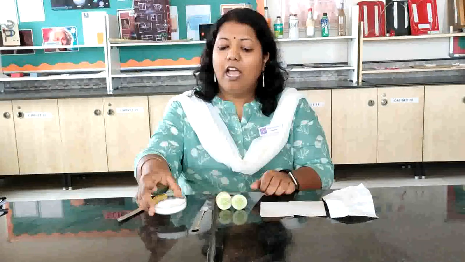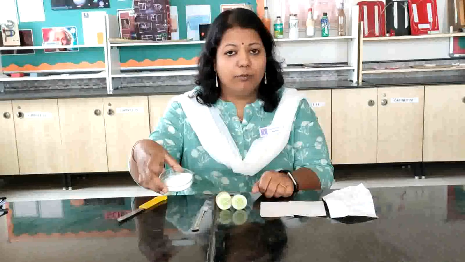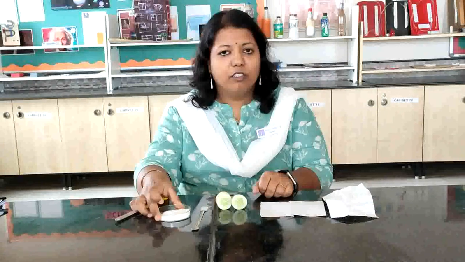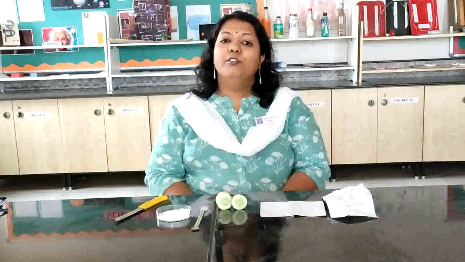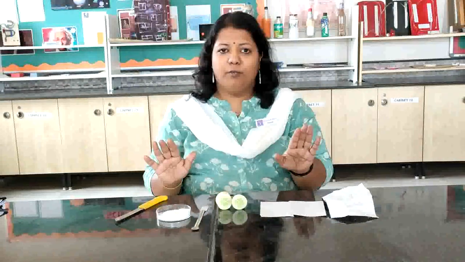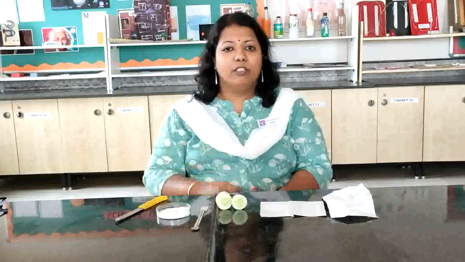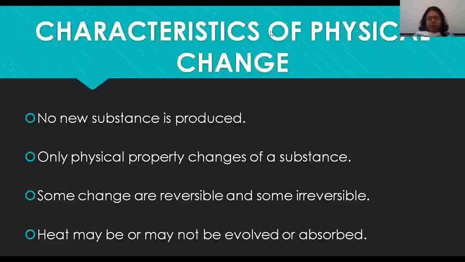Now here I have ground some sugar. Grinding of sugar is again an example of physical change. That means no new substance is formed, even though it is an irreversible change. So we saw in the experiment that I have cut a cucumber, cut paper, and ground sugar.